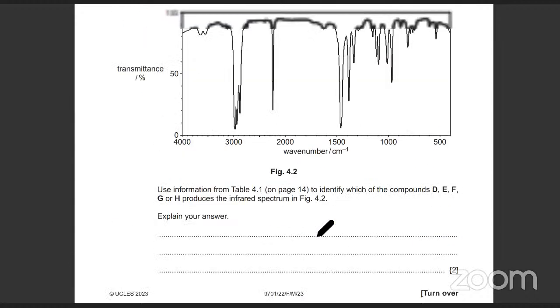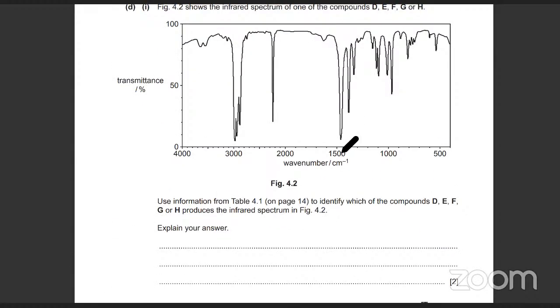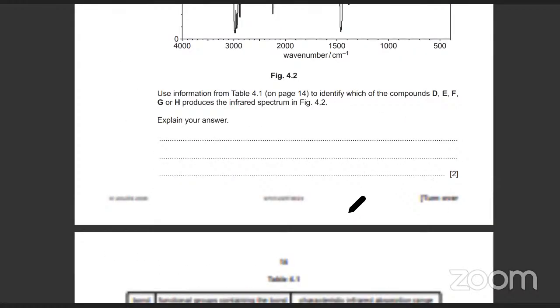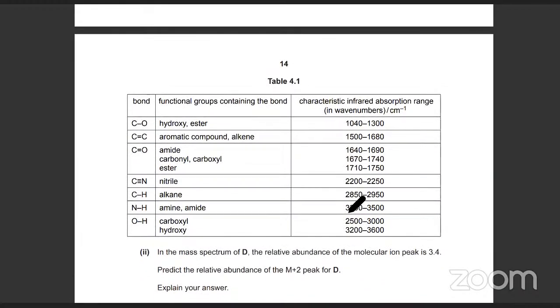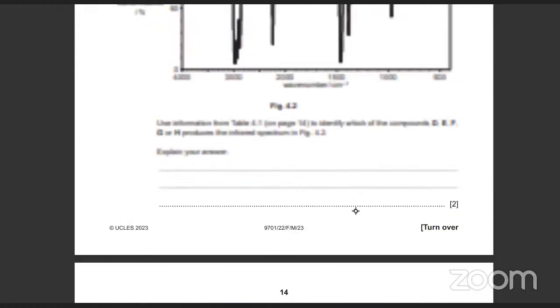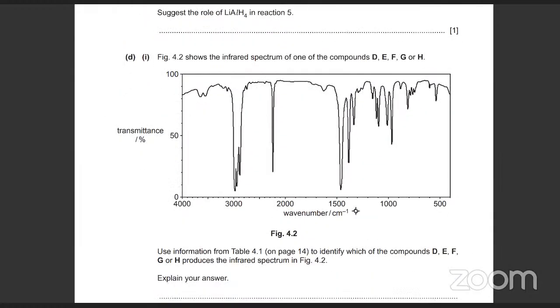First thing, there's a strong absorption around... What did I say about infrared spectra? You look for two things first. You always look for C double bond O. Do you have an absorption for C double bond O around the 1600, 1700 range? In this case, you don't. There's nothing over here.